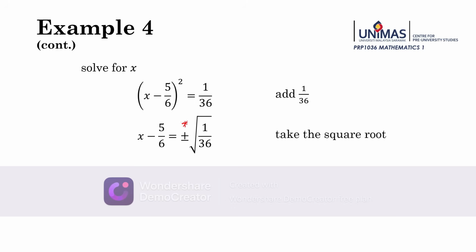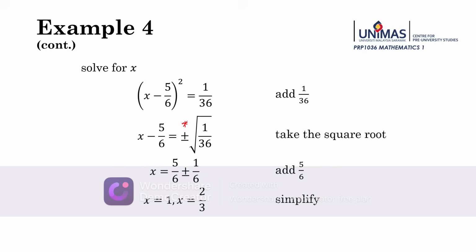I believe you are familiar with this when you square root both sides in your secondary school. You need to put a plus minus. Okay, then you add 5 over 6 to both sides. Okay. So because of plus minus, you will get two solutions. So that is the answer for completing the square.